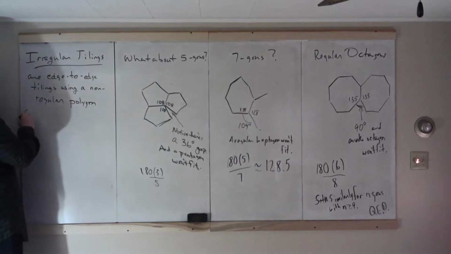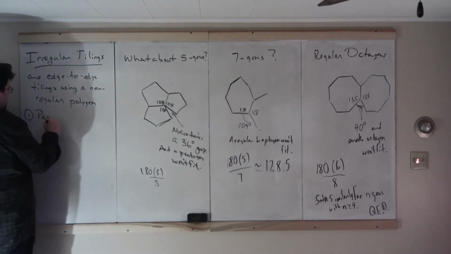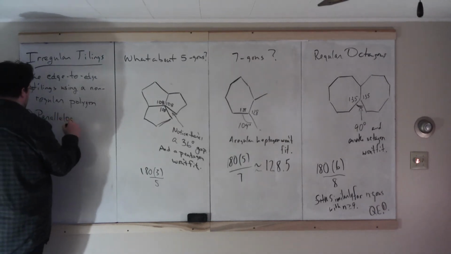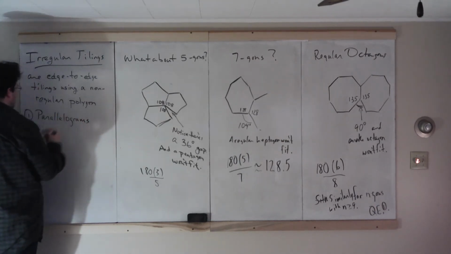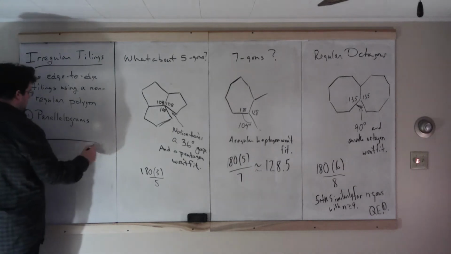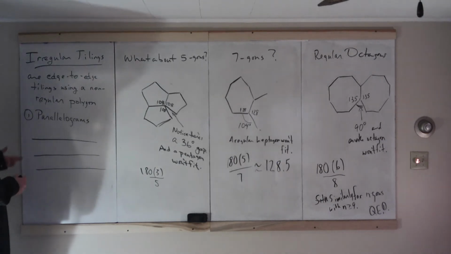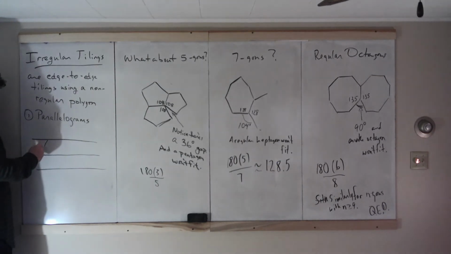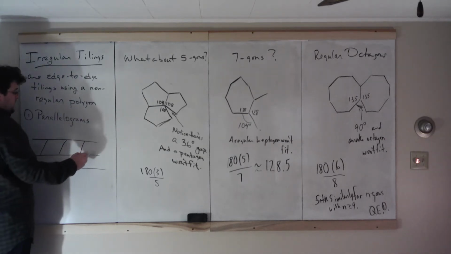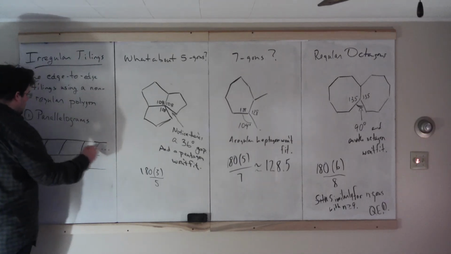First, we'll look at parallelograms. In parallelograms, the argument is similar to rectangles, because we can fit parallelograms within these strips nicely. There's a parallelogram. Then we'll just keep translating that parallelogram over and keep going.